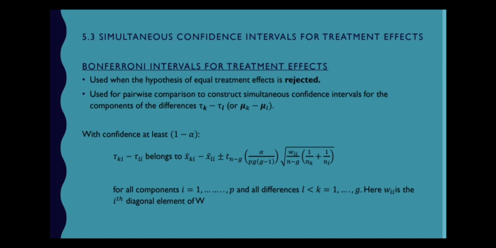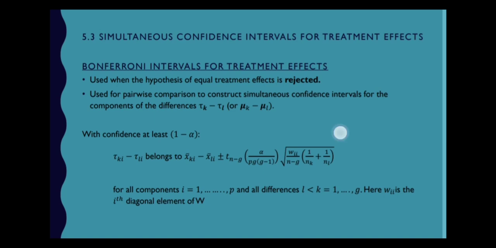So if H not is rejected, we can conclude that there is a significant difference of all variables among the G population. Kalau you have 3 population, you can say that among the 3 population. So you katakan there is a difference between the 3 population contohnya.